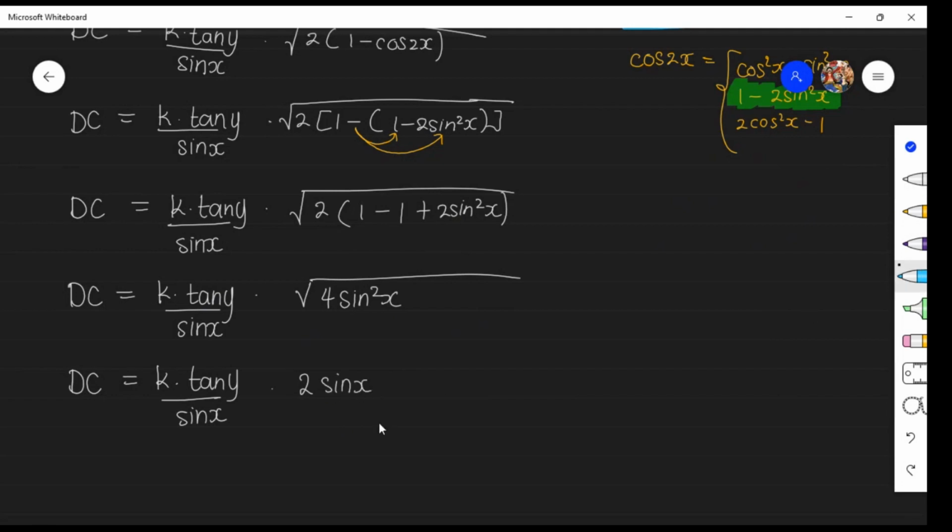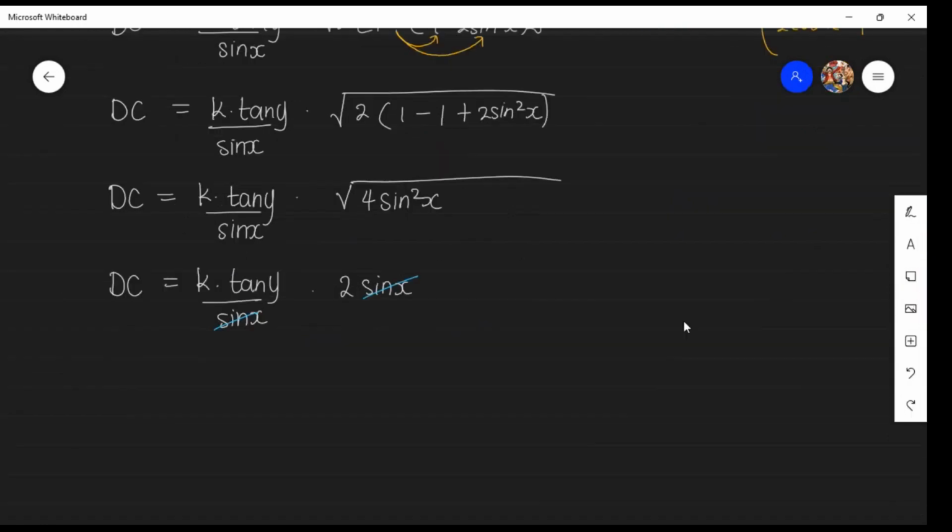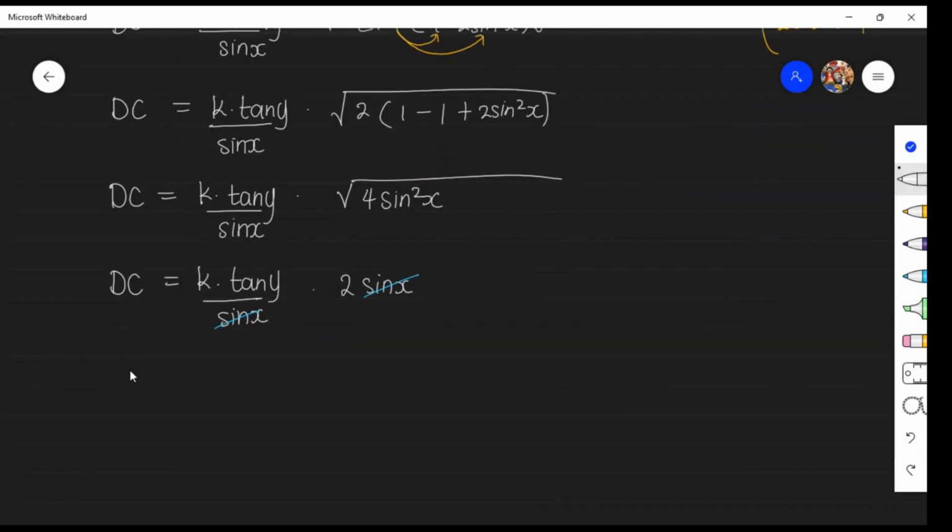Now, sine x cancels sine x, and we are left with k times tan y times 2. So we can multiply this and finally have DC equals 2k tan of y.